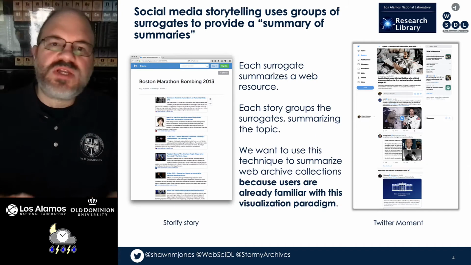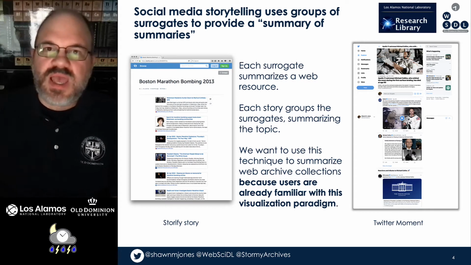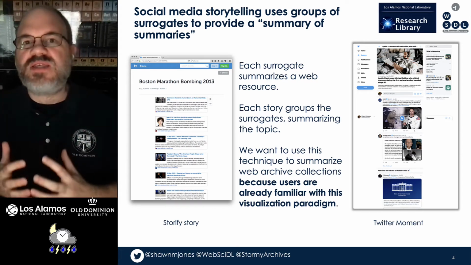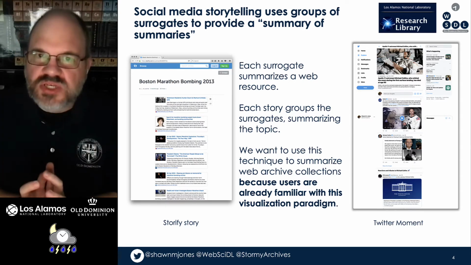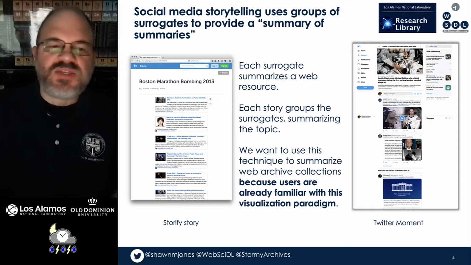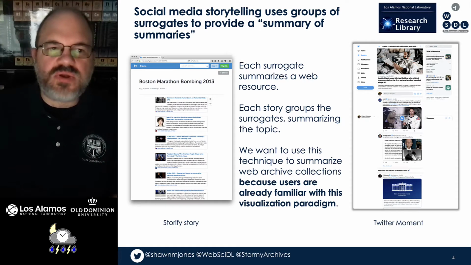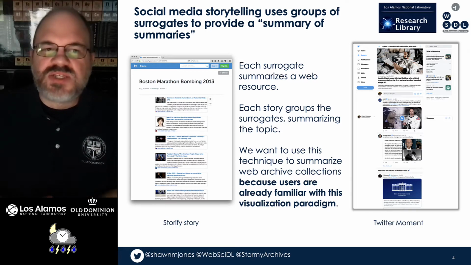Now, social media storytelling uses groups of surrogates to provide a summary of summaries. Each surrogate summarizes a web resource. Each story groups the surrogates, helping us summarize a topic. As we see on the left in this Storify story about the Boston Marathon bombing, there's pictures of suspects, politicians, police officers.